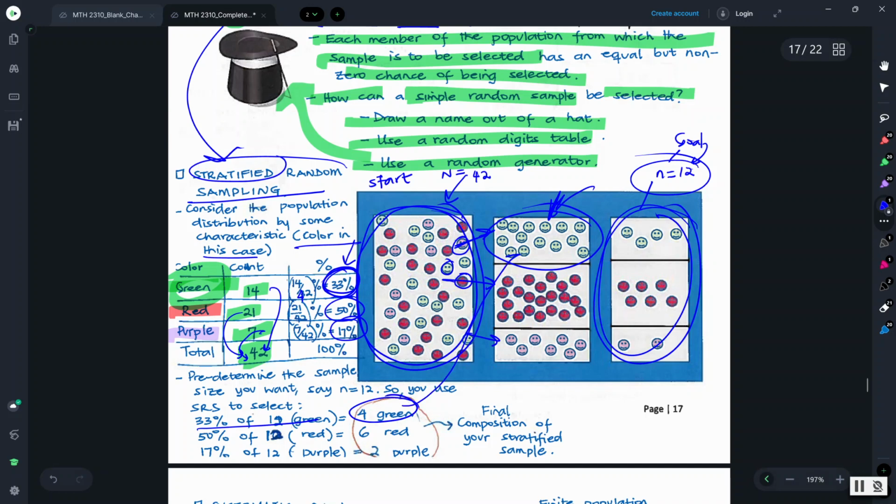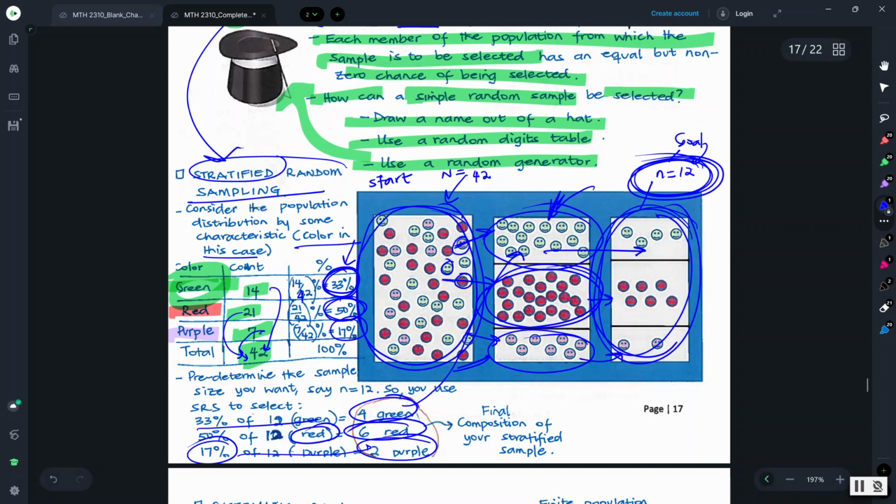So 4 random green ones will be selected. Then 50% of all 12 in the sample would come from the red group. So 50% of 12, we need to pick 6 random red using simple random sampling. And then the 17% of all 12 in the sample must come from purple. That will be approximately 2 purple. So we're going to use simple random sampling to select 2 purple.